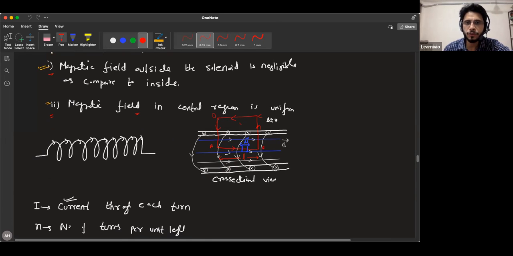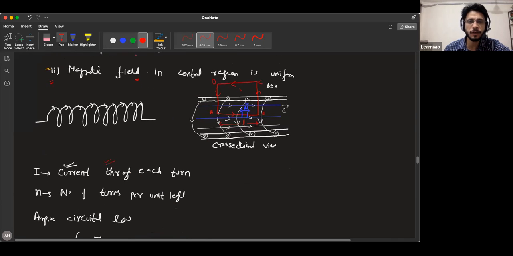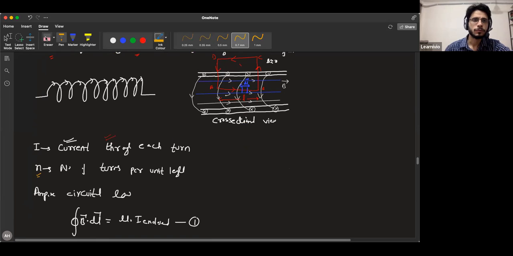So to calculate, we define a few quantities. I is the current through each turn of the solenoid. Small n is the number of turns per unit length. Then we will calculate.